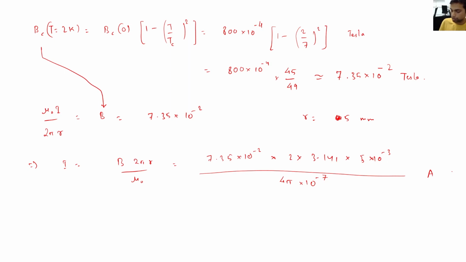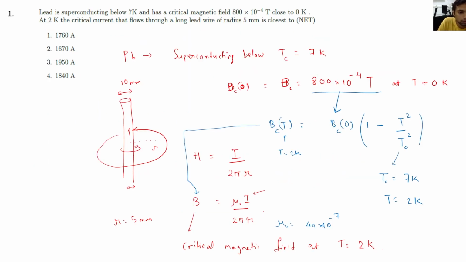So what you get now, after this calculation, this will be equal to 1.37 ampere. So this is how you calculate it. So this is how you find your critical current.